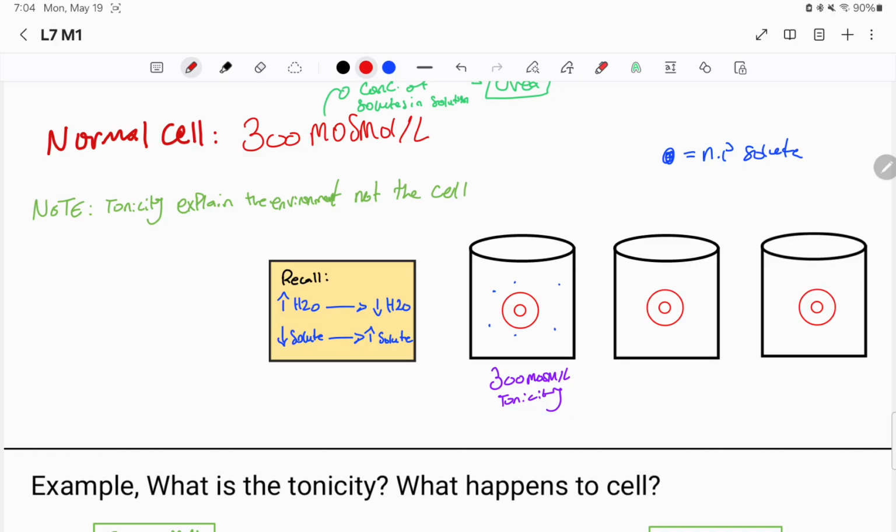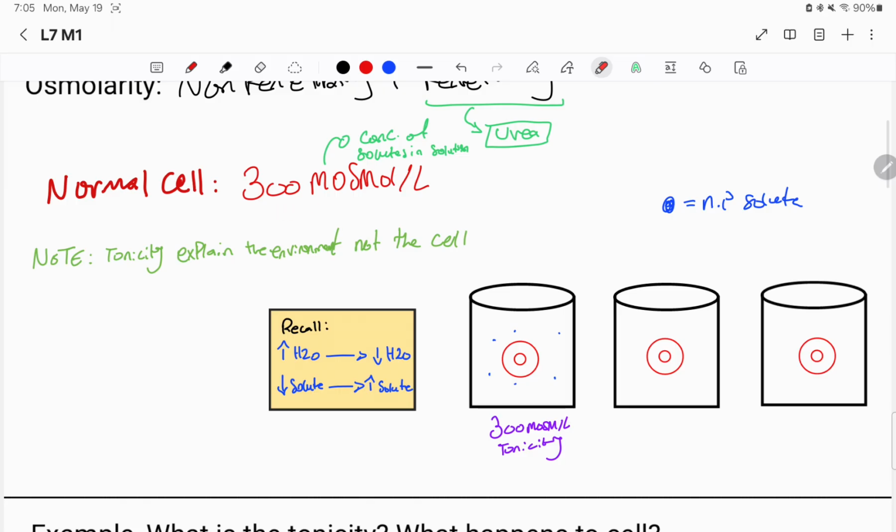Why? Because there's the same amount of non-penetrating solutes outside of the cell as there is inside of the cell. And how do I know this? Because inside of the cell has a tonicity of 300 milliosmoles per liter, and outside of the cell is also 300 milliosmoles right now. So inside is the same as outside, which means there's no net movement.